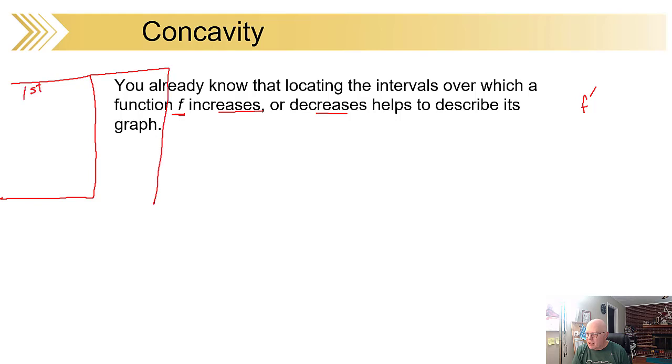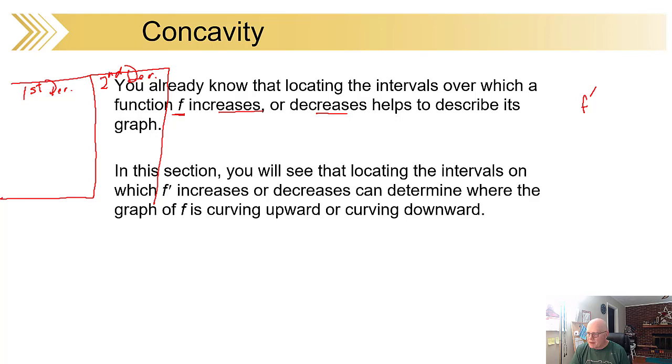And first derivative on this page, and second derivative on that page, or on the same page with a split in the middle. Just an idea. You can do it any way you like. So we'll see about locating the intervals where f prime increases or decreases.